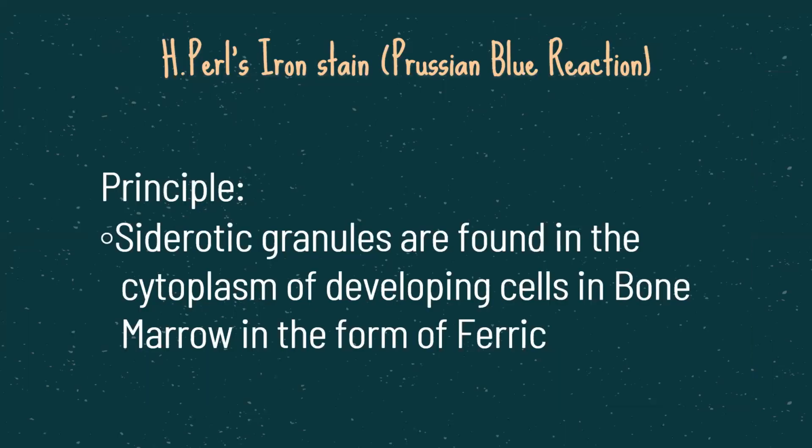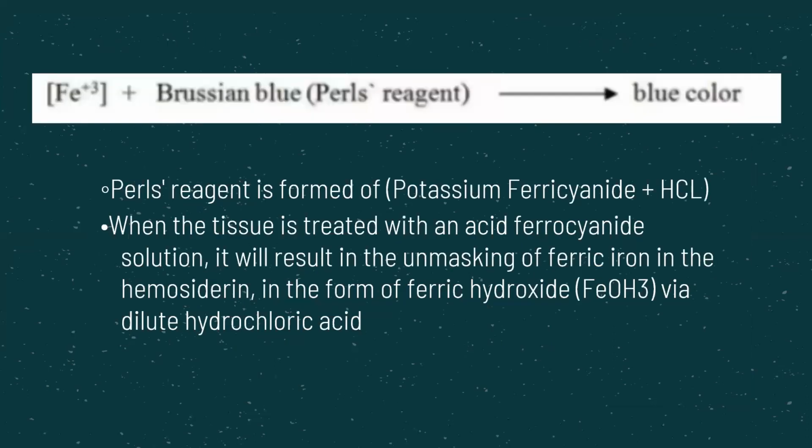Next one, we have Perls' iron stain or Prussian blue reaction. This one naman stains your siderotic granules. Okay, siderotic granules are found in the cytoplasm of developing cells in bone marrow in the form of ferric. Okay? So your Perls' reagent, okay, which is composed of potassium ferrocyanide. Okay?